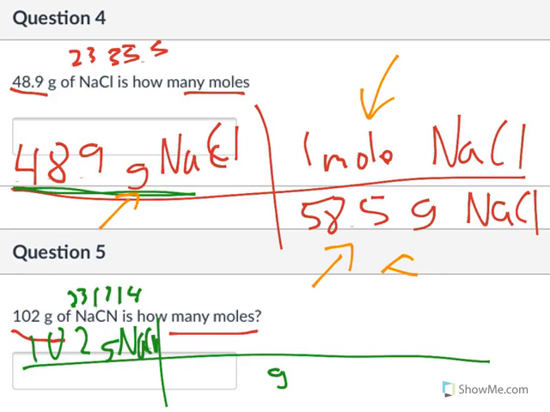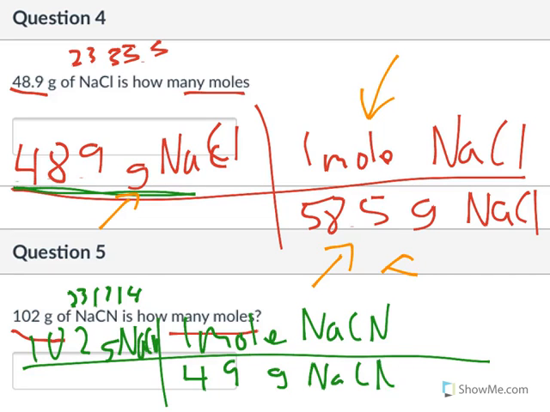So 23, 12, and 14 should give us 26 plus 23, which is 49 grams equals 1 mole of NaCN. And you times the top together, which is 102 times 1, divided by the bottom, which is 49. So it's 102 divided by 49, which will give us roughly 2.1 moles of NaCN.